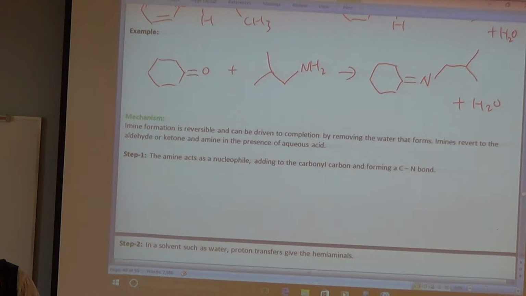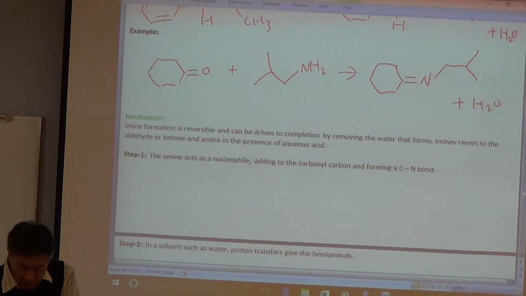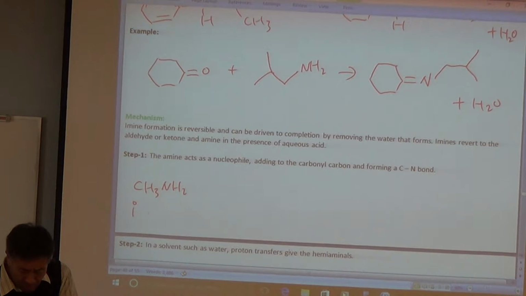Now that's the mechanism. Okay? With the mechanism, step one is the amine acts as a nucleophile, adding to the carbonyl carbon and forming a CN bond. Let's take a simple example, a simple primary amine. So we have this CH3NH2. This is the primary amine.